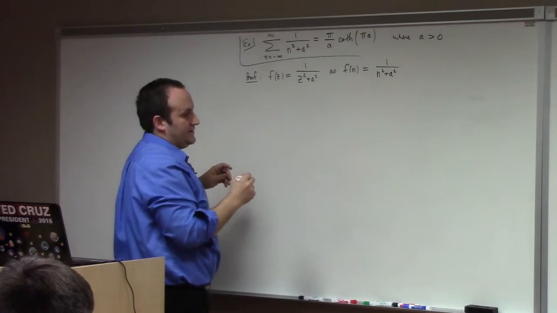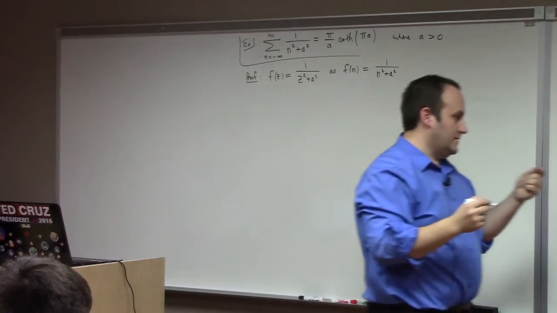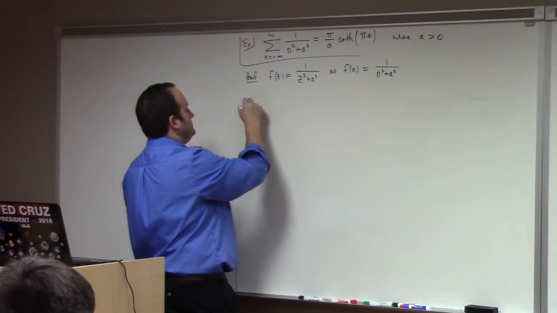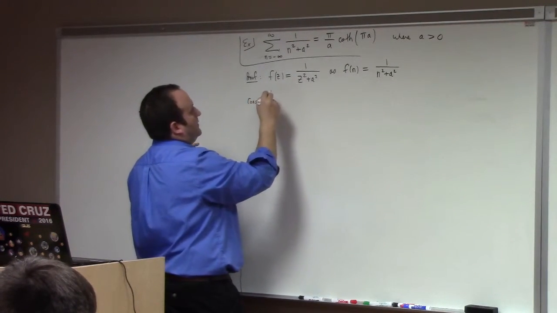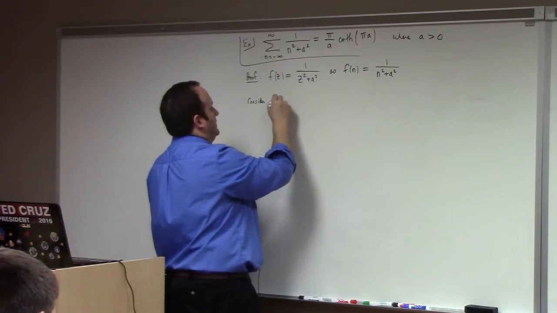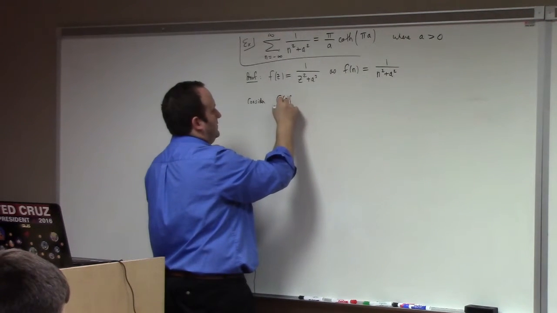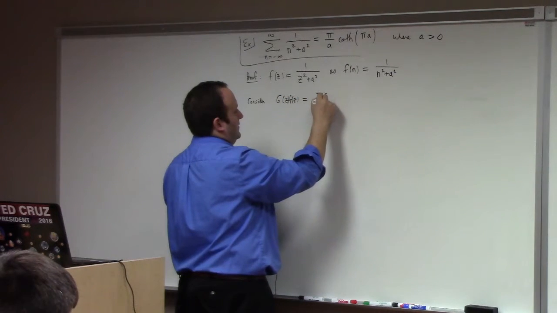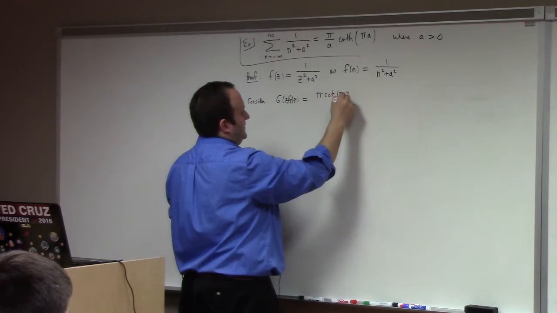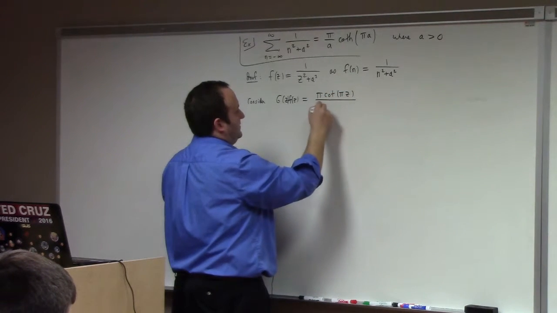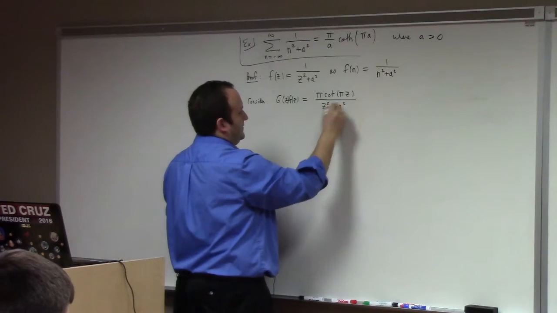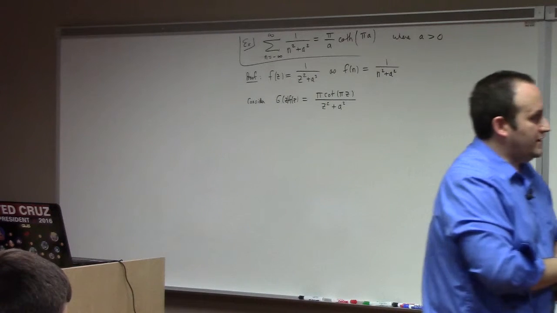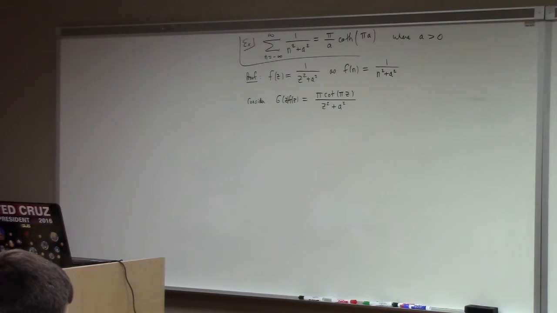So what do we need to calculate? We need to calculate the sum of the residues. We need to consider g of z, f of z, which is what here? Pi cotangent pi z, right? Divided by z squared plus a squared in this case. There are singularities at the integers. We already know what happens to those.